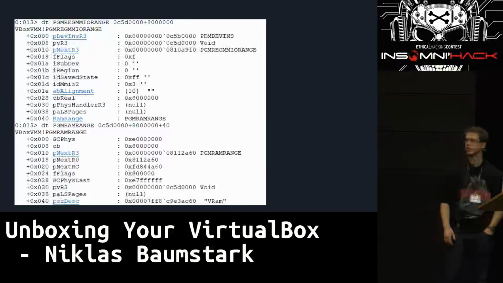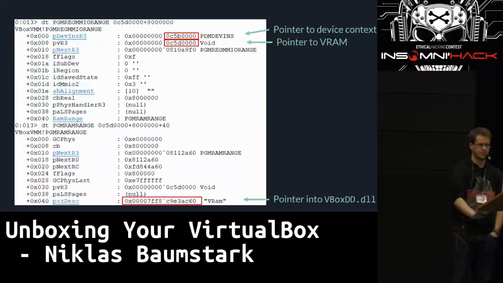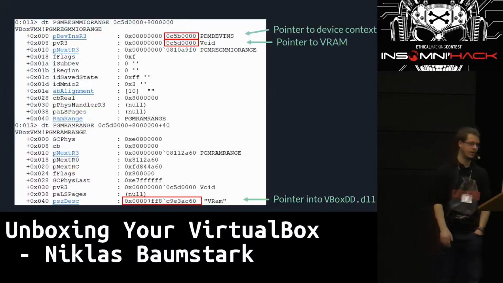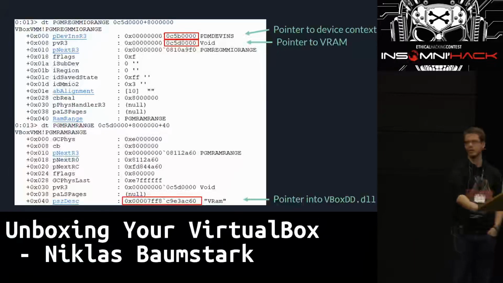It's called a memory MMIO range, and it contains all kinds of interesting pointers. It contains a pointer to the VRAM, the size of the VRAM, a pointer to some context data structure for the VGA device, and it even contains a pointer into a DLL. So we already defeated ASLR with this as well.